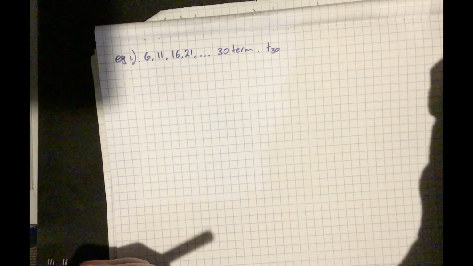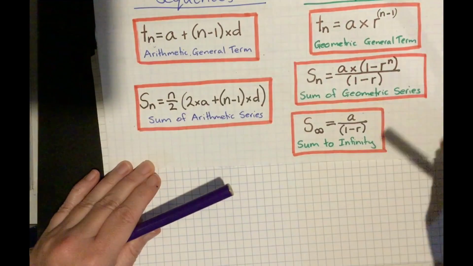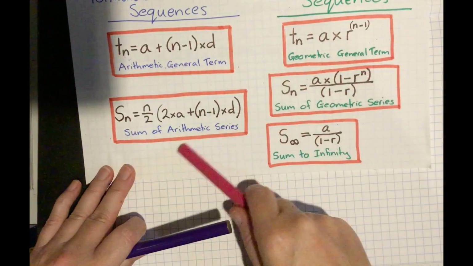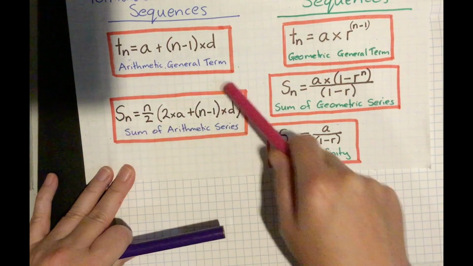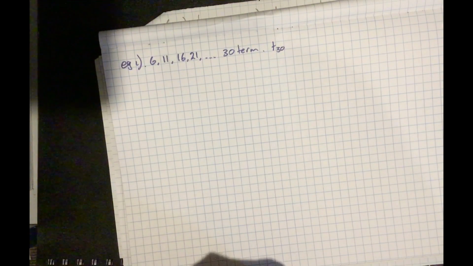Well, here is the formula that we're going to use to find the sum of an arithmetic series now that I've established what I've got in front of me and what I have to do. So that makes it easy to identify the formula. Remember, that's the first thing we should actually write down.